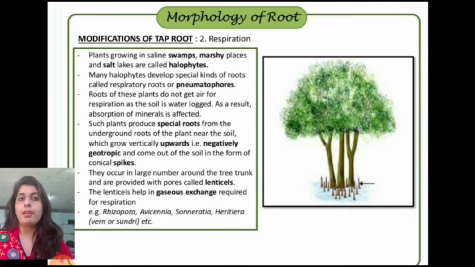These roots are in the form of spikes, and their function is gaseous exchange. So they are responsible for respiration. The examples of such roots are Rhizophora and Sonneratia. These are trees which grow in marshy places and they have vertically upward roots.